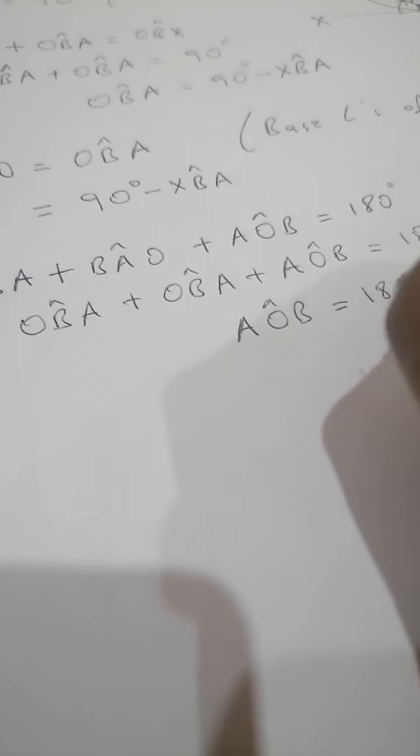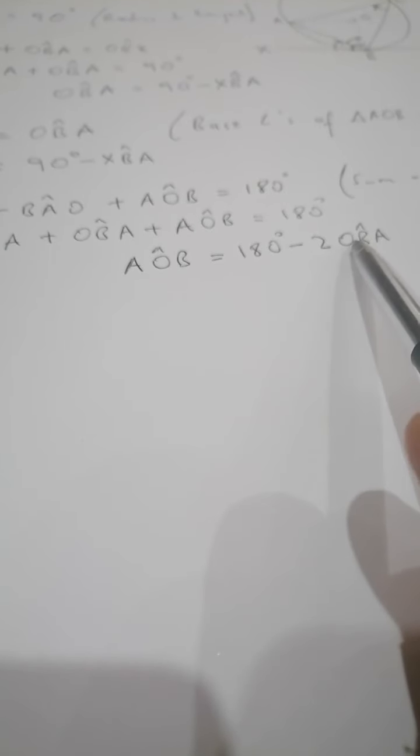So angle AOB equals 180 degrees minus 2 times angle OBA, because angle OBA plus angle OBA is 2 angle OBA, and when solving for angle AOB, we let 2 angle OBA go to the other side and change the sign.